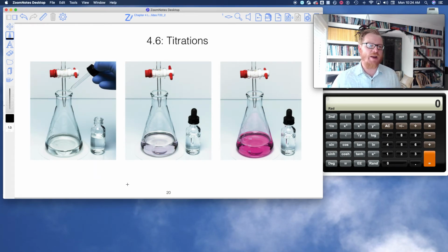So right now, suppose here that in this flask is my strong base. In this burette is my strong acid.